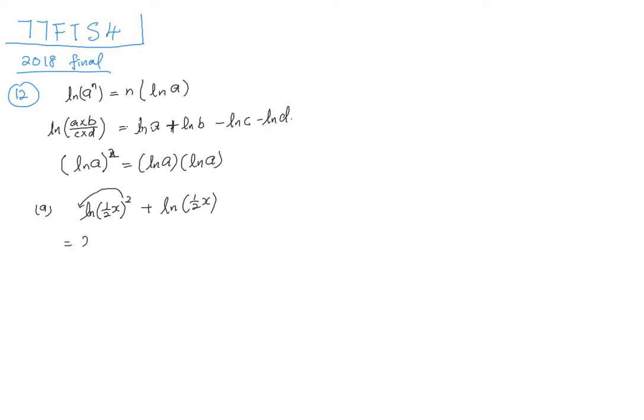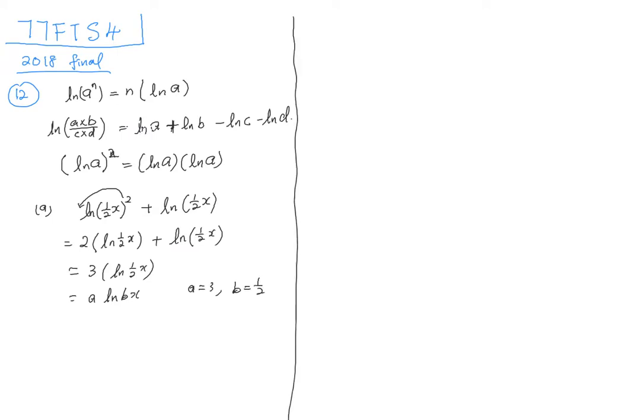I have 2 times ln half x plus 1 of ln half x. So in total, I have 3 times ln half x. This is exactly what they want. They want it in the form of a ln bx. So your a is 3, the b is half. Are you clear? Yes, Miss, thanks.